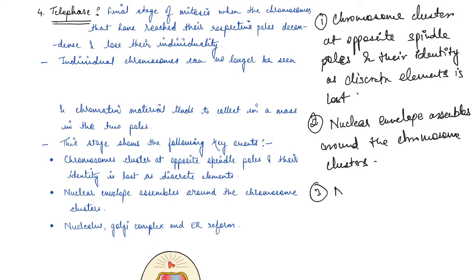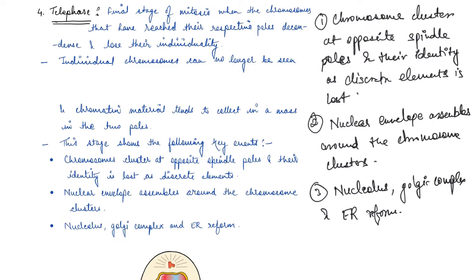Now the third one is that the nucleolus, Golgi complex and endoplasmic reticulum all start to reform, right?